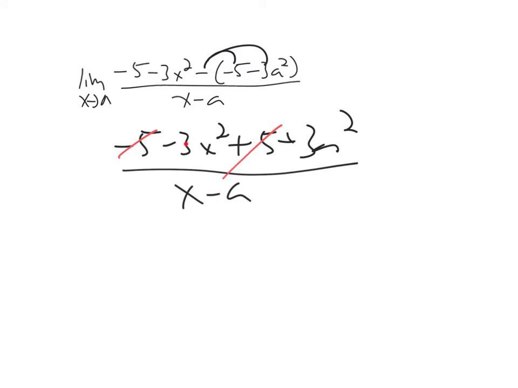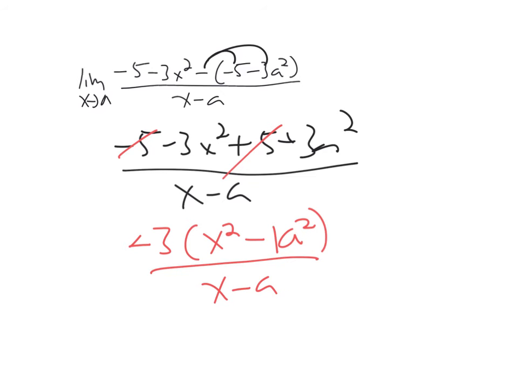Here I see a negative 3x squared and a positive 3a squared, and there's nothing else in the numerator, so I think I can factor out a negative 3. If you don't mind me making this jump, I'm going to factor out a negative 3. That makes it x squared minus a squared, all over x minus a.